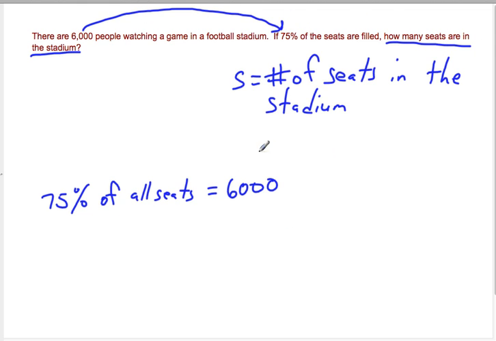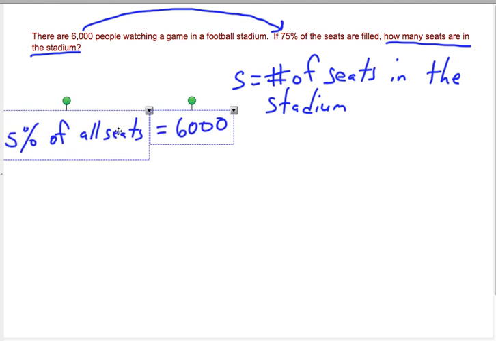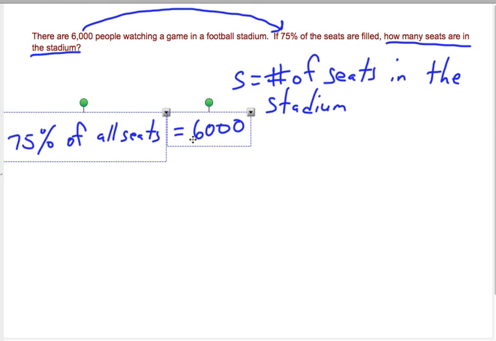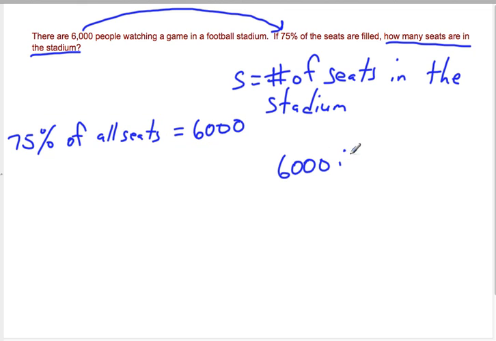So another way we could say it, if we wanted to have an alternative way: 6,000 is 75% of all seats, something like that.